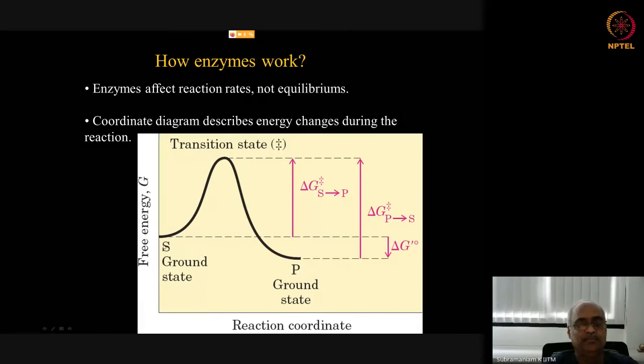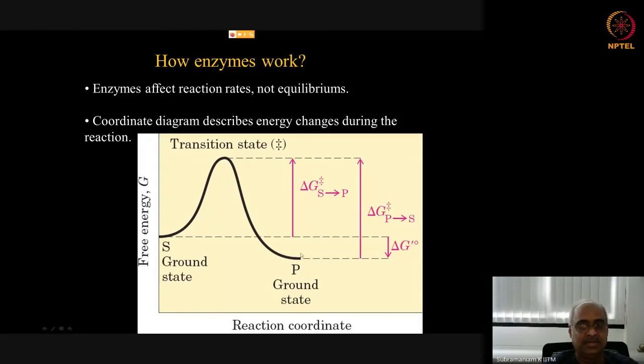Compared to the entropy of the substrate, this is higher, so the free energy available is lower. Okay, so only under that condition can a reaction happen. The net change has to be negative, then only is the reaction going to happen.